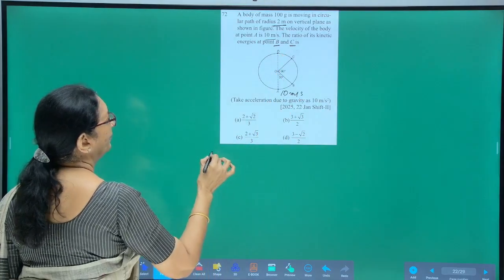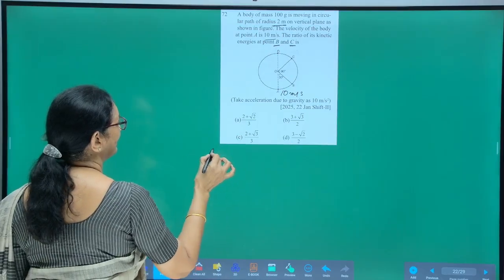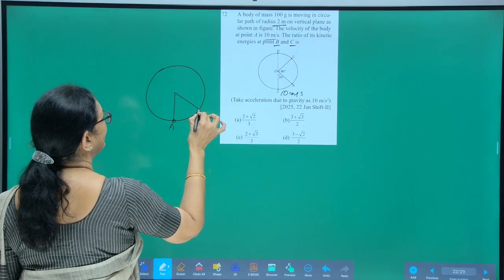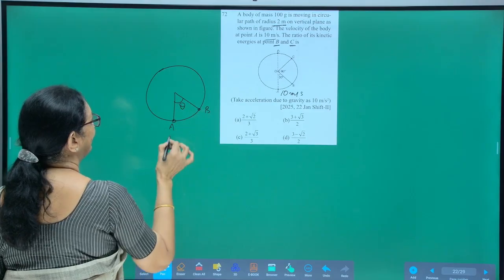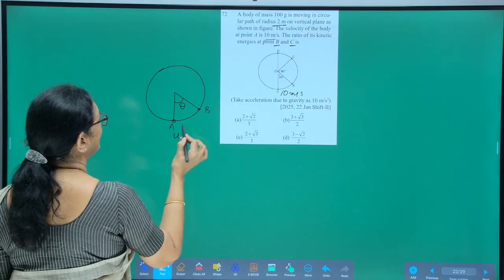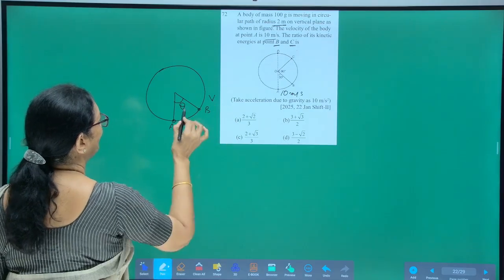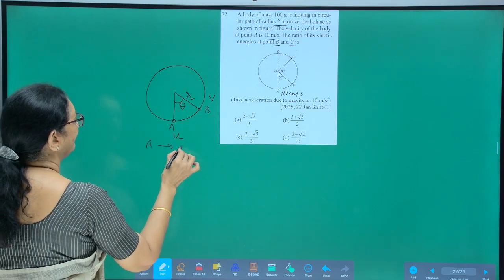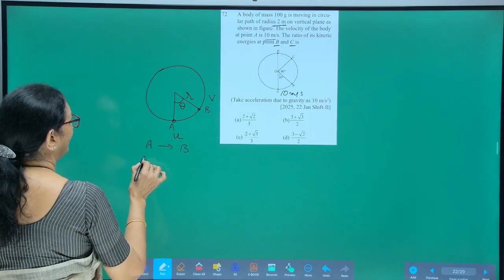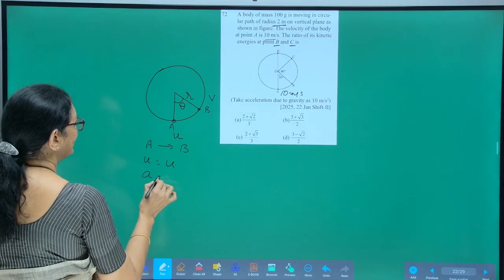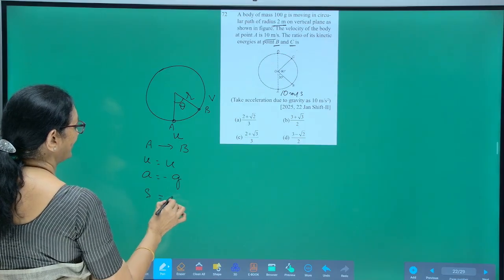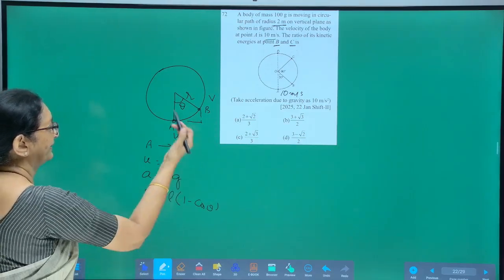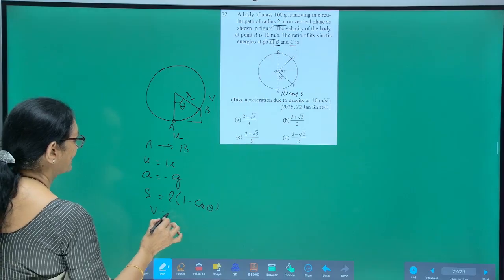See here, when a body travels in a vertical circular motion, suppose this is the point A and this is the point B, making an angle theta. Here its velocity is u, and this velocity is v. Let us take the radius as r here. Considering the journey from A to B, u is equal to u, a is equal to minus g, s is equal to l into (1 minus cos theta), that is the vertical shift in the center of mass, and v is how much?